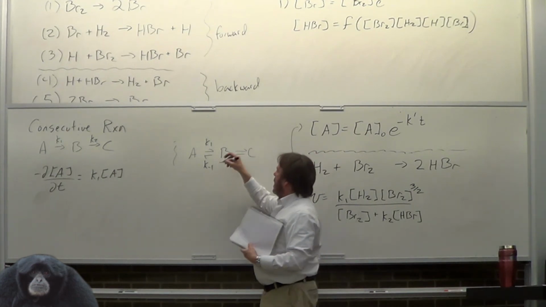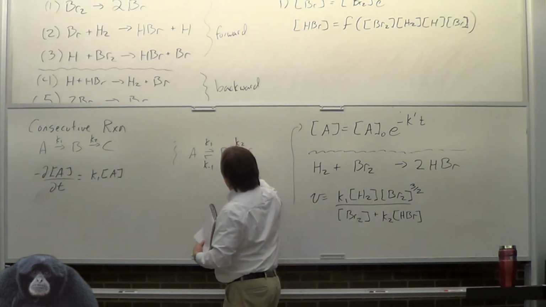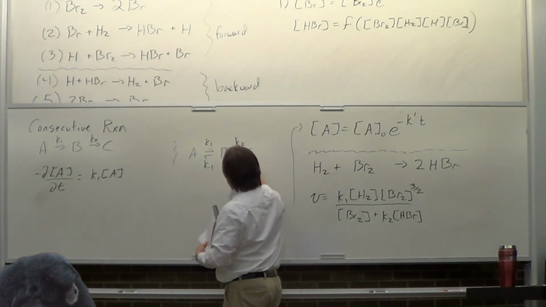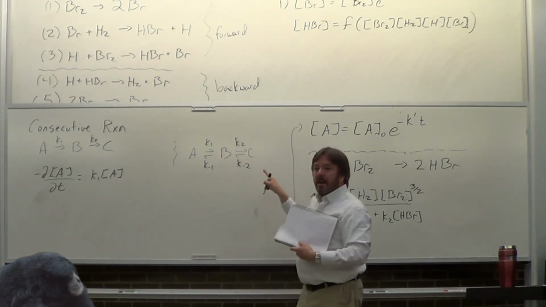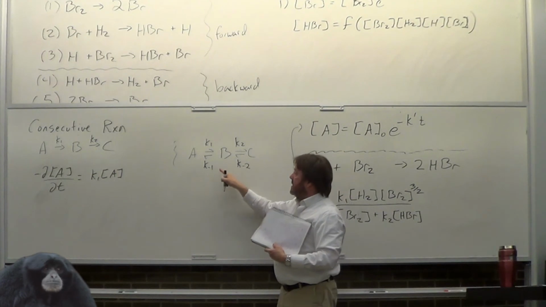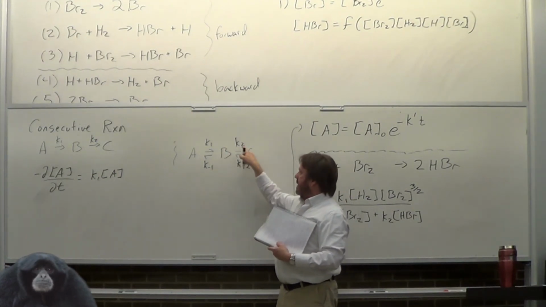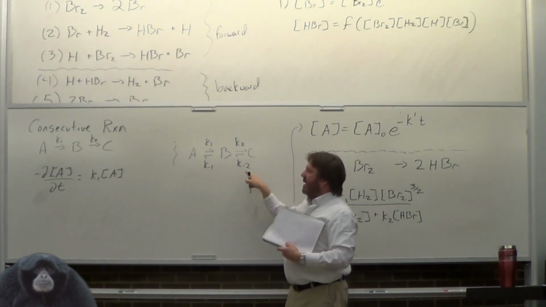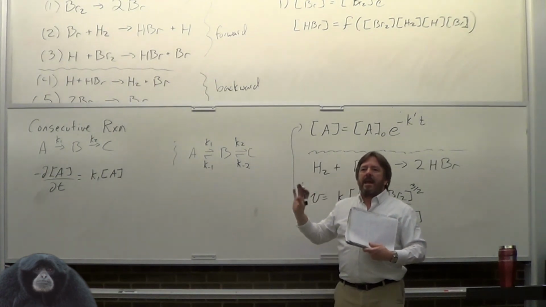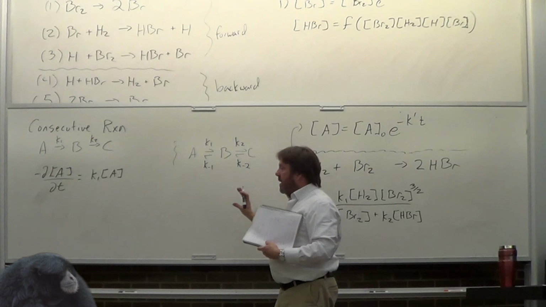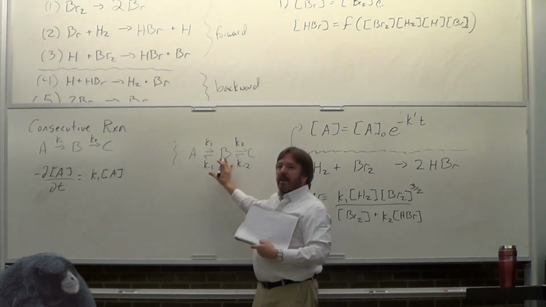When you're analyzing a situation like this, you have four rate constants. These two are clearly related in a way that these aren't, so you often put a little minus sign in front of them.